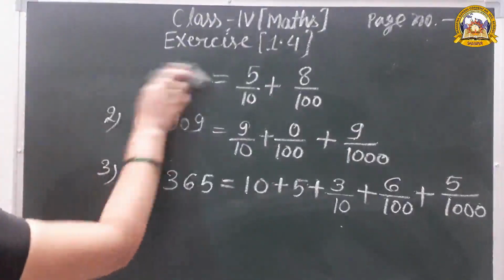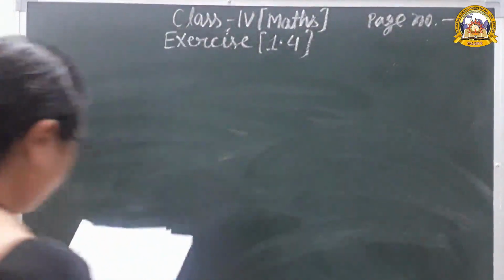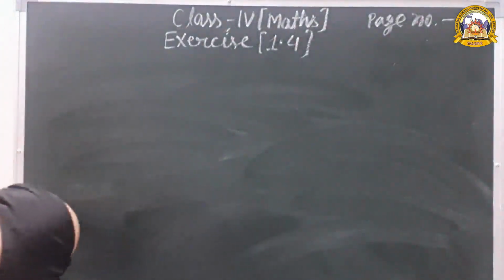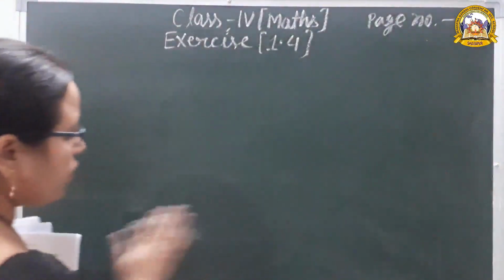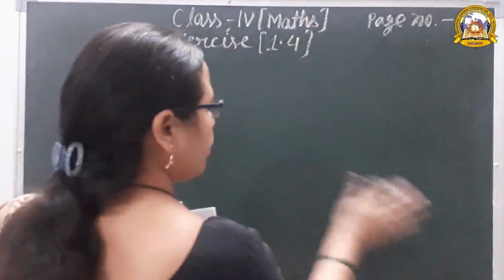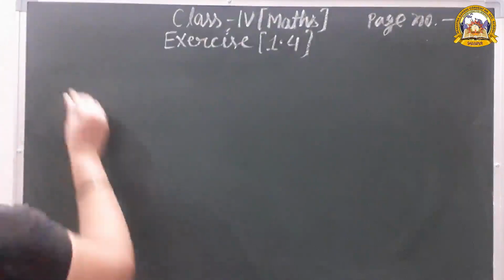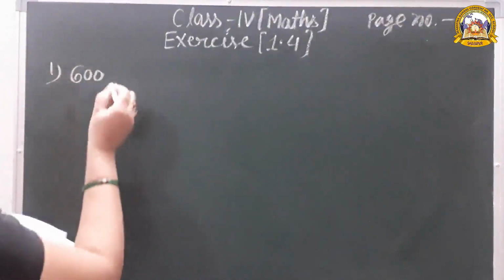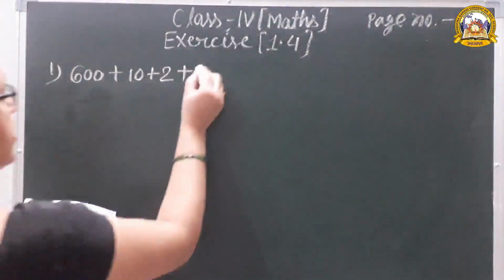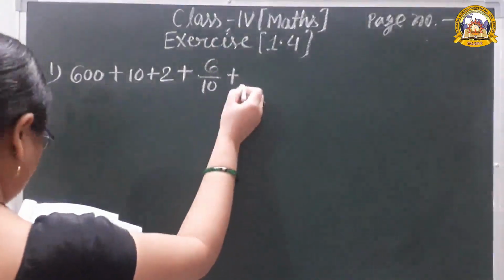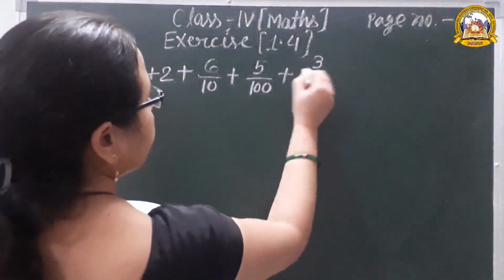Now question number B, just the opposite of question number A. In question B, the expanded form is already given and we have to write it in short form. Question number 1: 600 plus 10 plus 2 plus 6 upon 10 plus 5 upon 100 plus 3 upon 1000.